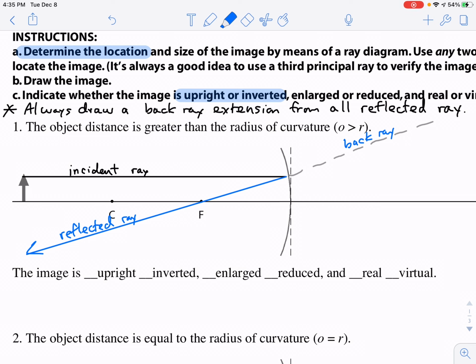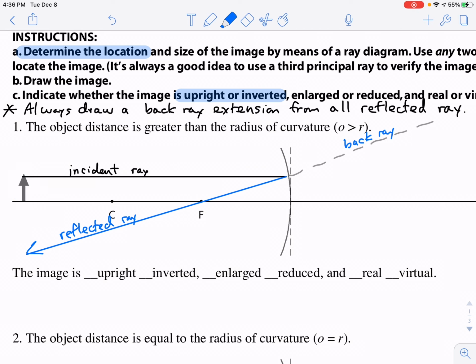Now the second one is a little bit weird because the second one goes through the focal point and reflects parallel. But sometimes that second ray doesn't always work, depending on where the object is relative to the focal point. When you get really close to the focal point, this ray doesn't really work.